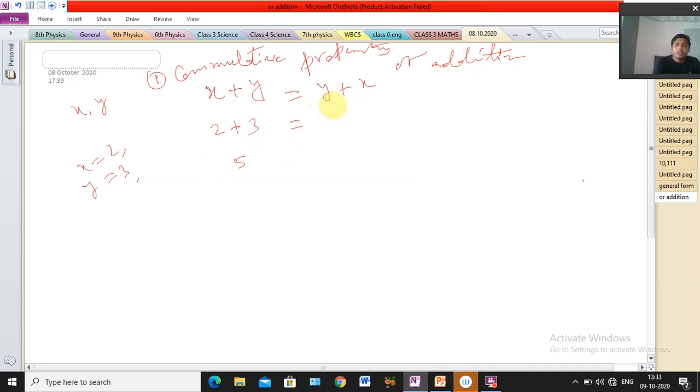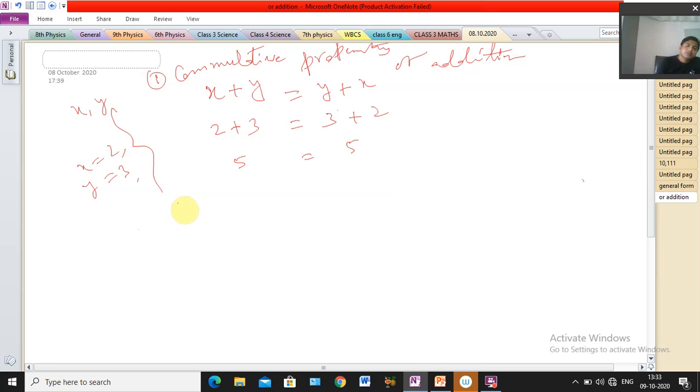Similarly here put the value of y first: 3 plus 2, we are getting 5. That means in left hand side we get 5, similarly right hand side also we get 5. So this is the commutative property of addition. Understood? Clear?